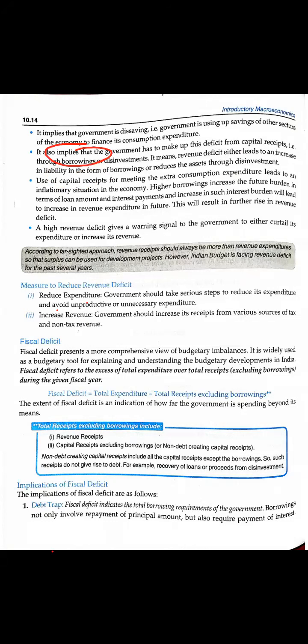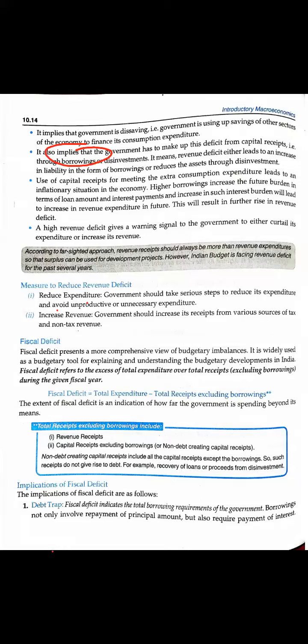Yes, sir. Brinda, are you there? Yes, sir. Okay, so just turn back the page and find out the sources of capital receipts. They are definitely mentioned there. First source will be borrowing, second source will be disinvestment, third might be small savings.